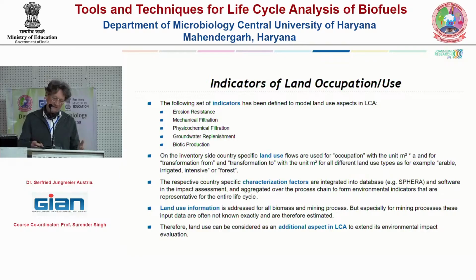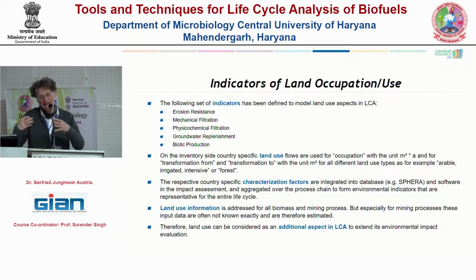But I have to mention there are tools that are really able to use different soil parameters and to really model the changing of the soil when you put there different raw material production systems.